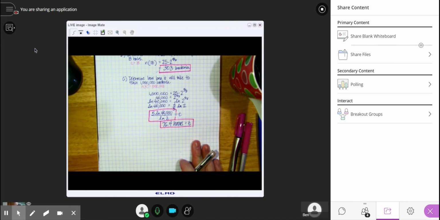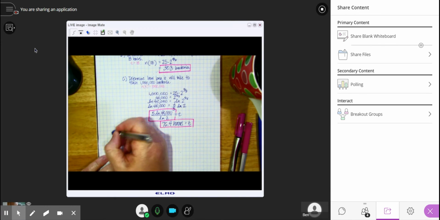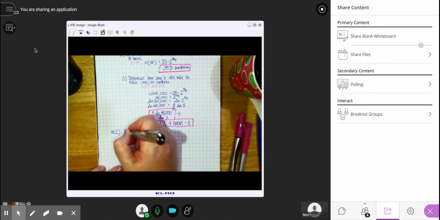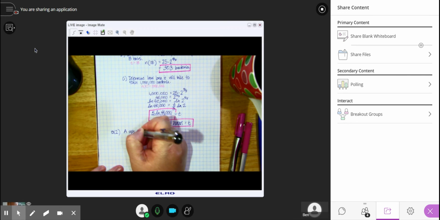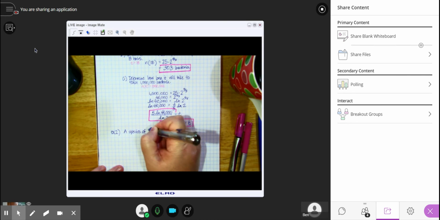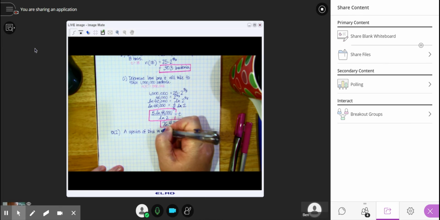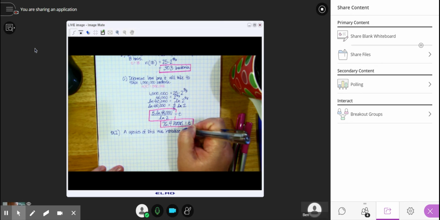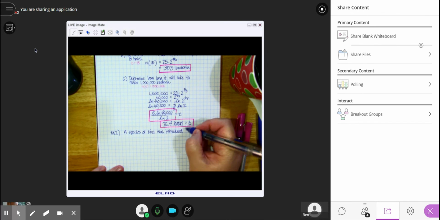All right. So then the second example isn't going to be the doubling. The second example is going to be the relative growth rate. So let's say a species of bird was introduced 25 years ago.